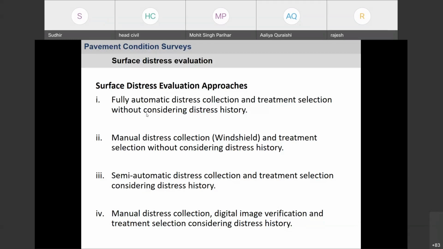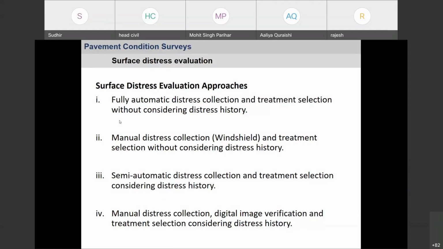Now another approach could be collection of distresses manually and then treatment selection, again without considering distress history. Okay, so this is self-explanatory. Another option could be semi-automatic distress collection and treatment selection considering distress history.